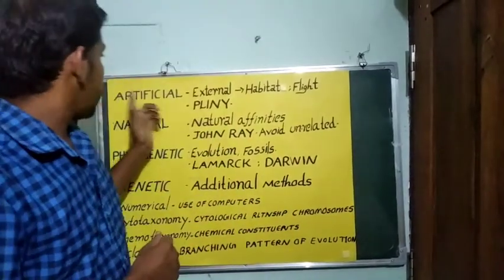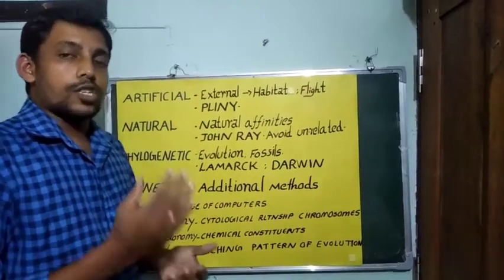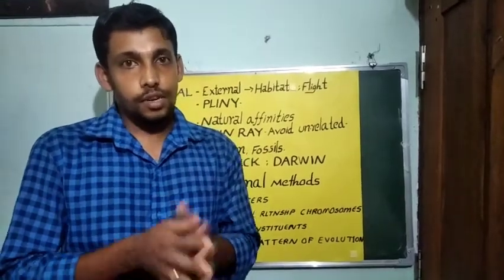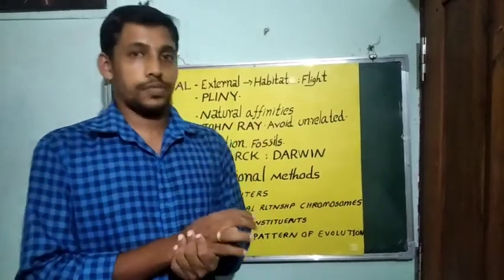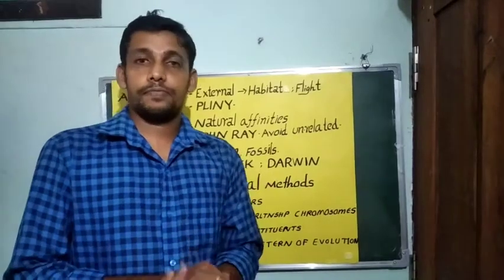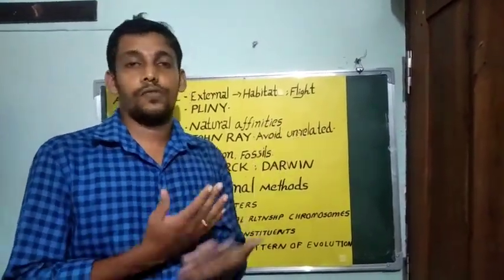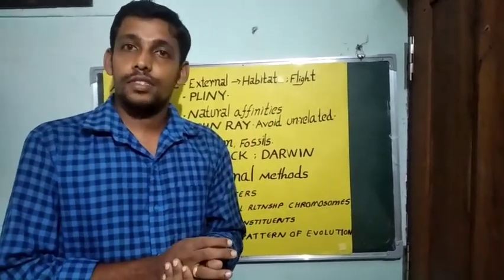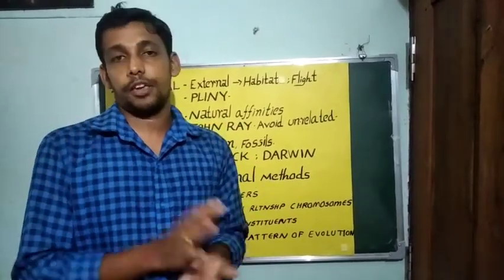Look here, the artificial classification. This type of classification is based on the external similarities of the organisms. Here we are considering only the external similarities, for example, habitat or the ability to fly. If you take the ability to fly, we can see two types of organisms: those which can fly and those which do not fly.